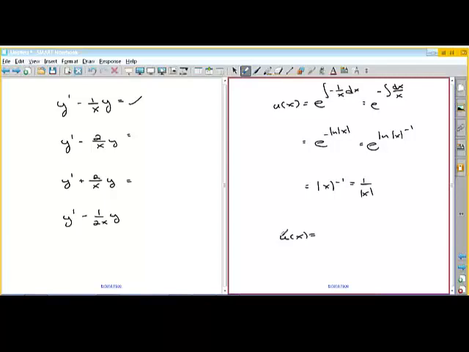Now, the second case, you would have e to the integral of negative 2 over x dx. Again, you can factor out the negative 2, and you end up with dx over x. Again, the integral of dx over x is the natural log of x. You can't use the inverse properties until you move the exponent inside.